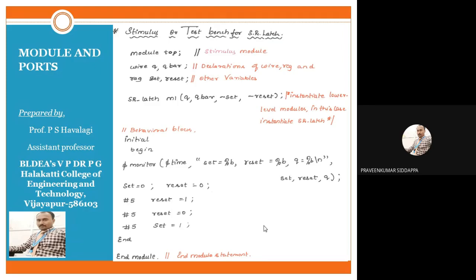Okay. So after monitoring the time, next we should monitor the inputs. Which are the inputs for the set and reset? Both we have to monitor in terms of binary. So the first input you should write is set, the same word I have written in your code.